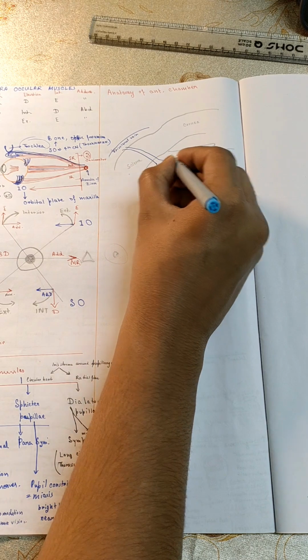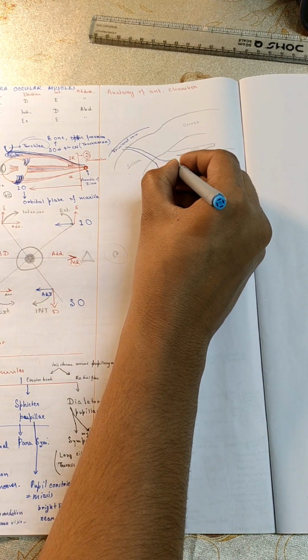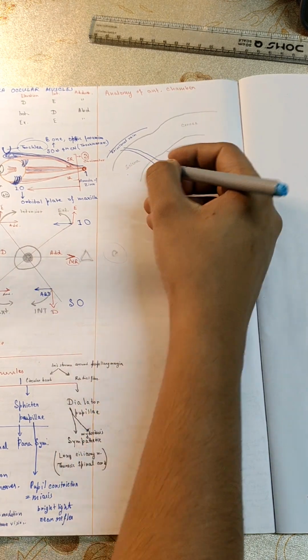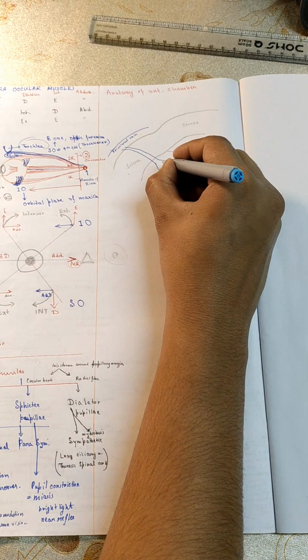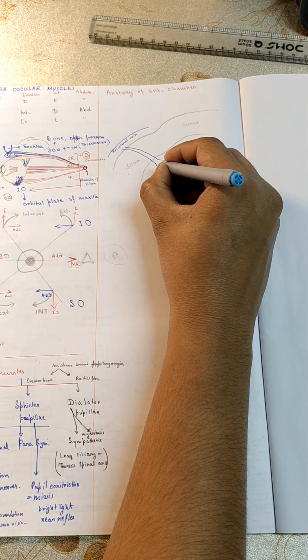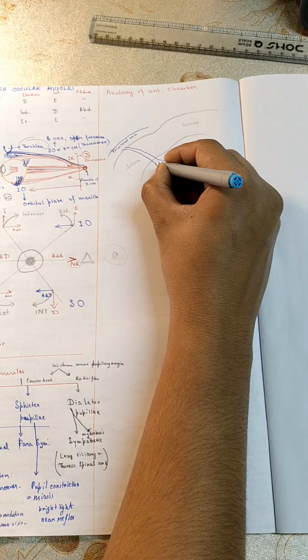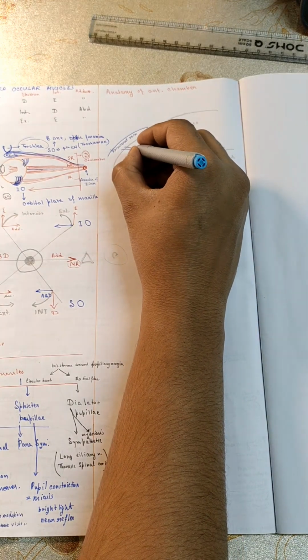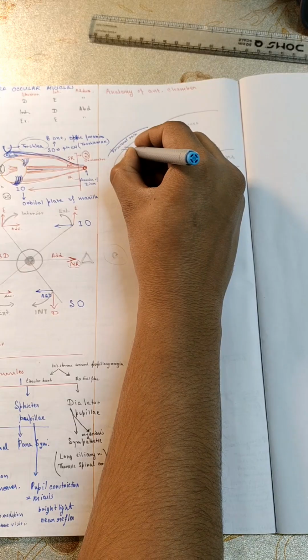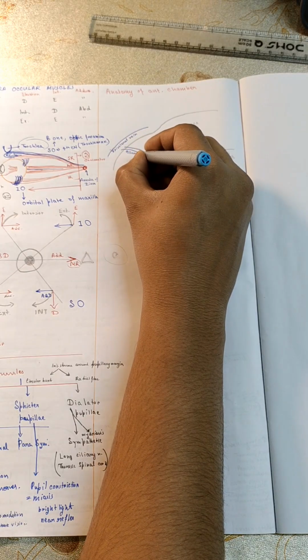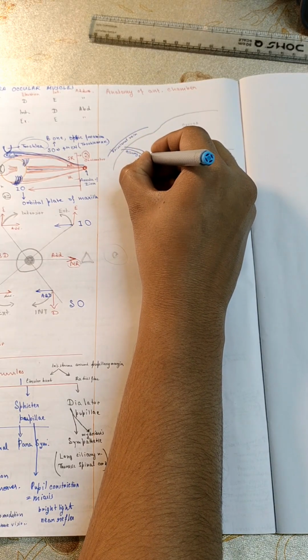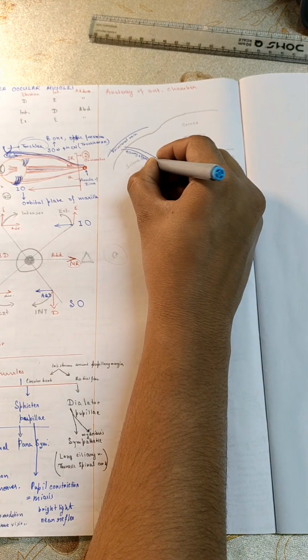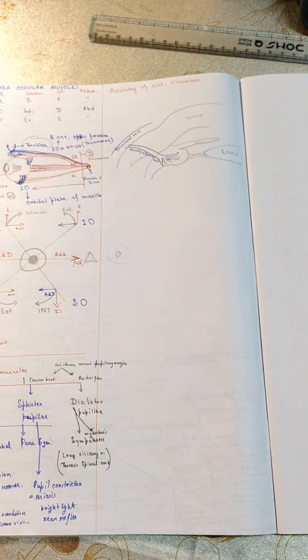Comes like this and this. It is ciliary efferent vein, that is making what?